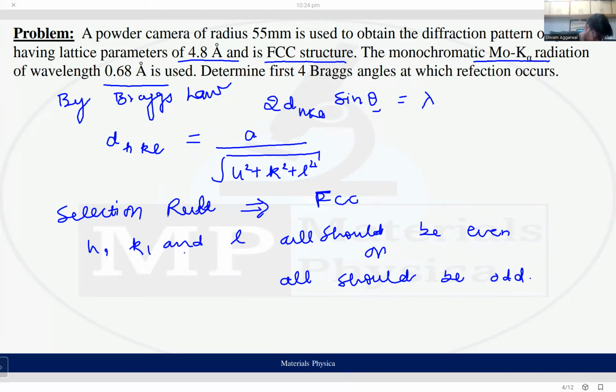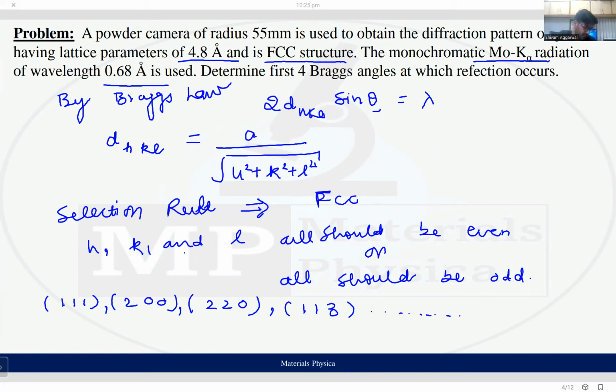Now let us check. First, all are odd, 111, and the value of h square plus k square plus l square for this is 1 square plus 1 square plus 1 square, which is 3. Next, 200, for which it would be 4, and next would be 220, all even, and next would be 113, and many more.